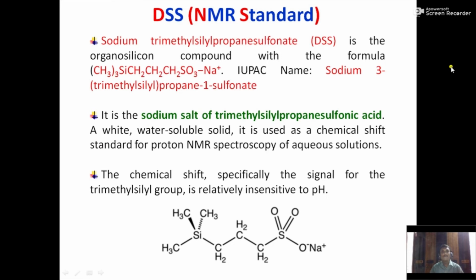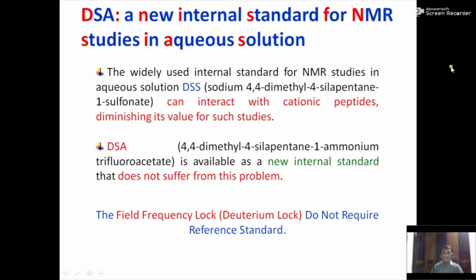It is a white solid powder which is water soluble, and it can be used as reference standard in proton NMR spectroscopy whenever you are using aqueous solutions. Its structure is shown here. This DSS is relatively insensitive to pH, that is the advantage. But there are some problems associated with DSS. The DSS can interact with cationic peptides so that it can diminish or vanish its value for such studies.